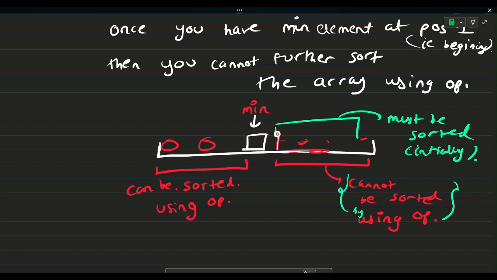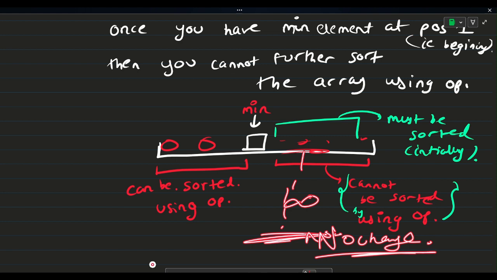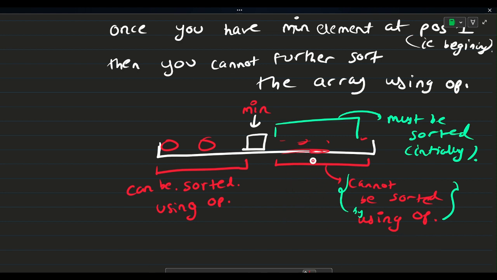So the turn for these elements never comes, and you won't be able to do anything to these elements using operations. You can apply infinite operations and there would be no change, so there's no use of applying operations right here.